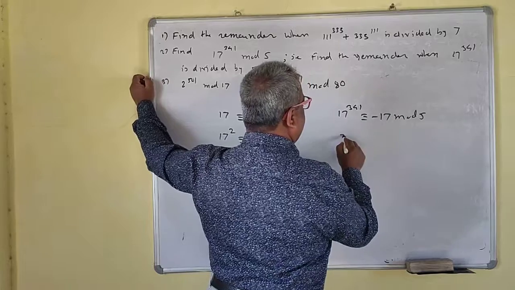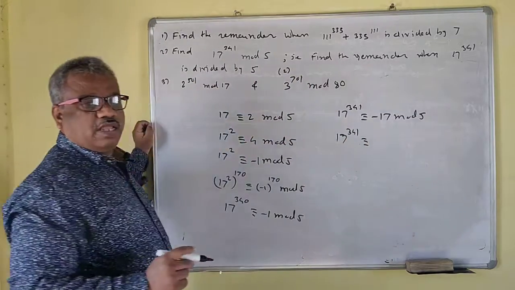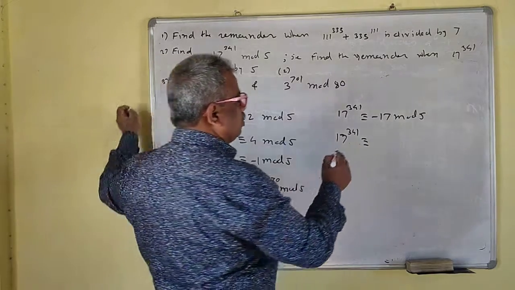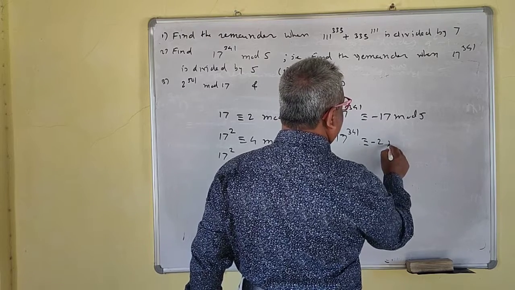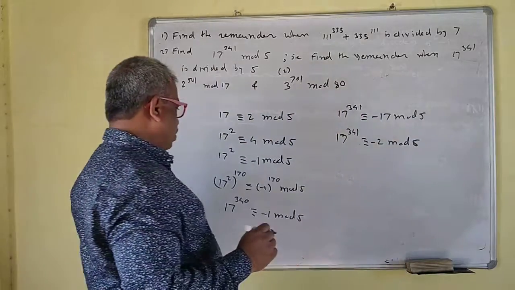First we'll write for 17: when 17 is divided by 5, the remainder is 2. So this is minus 2 mod 5.